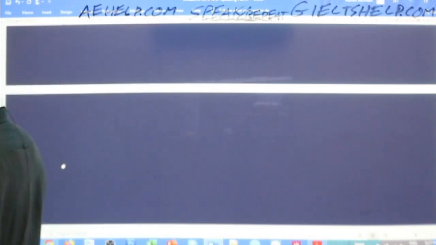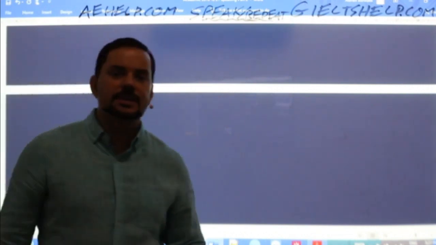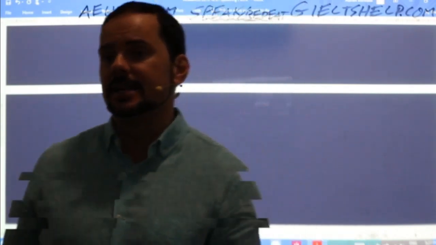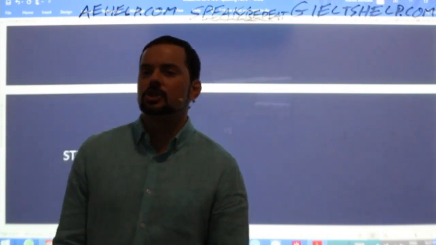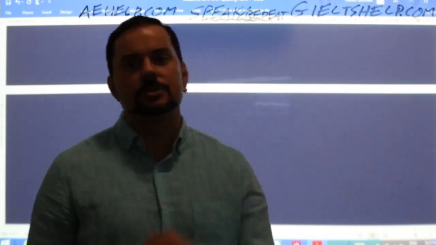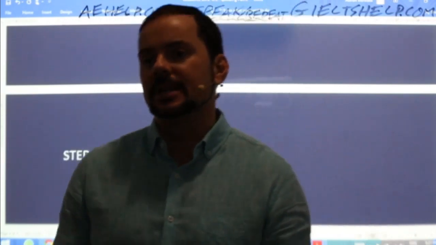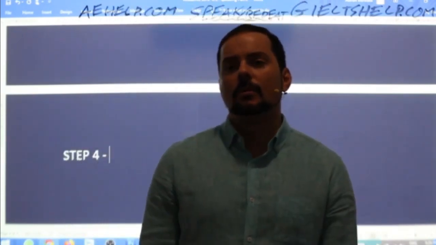So what's my next step? I'm on to what? Step 4 now? And this is a very important step. Make sure to do this step. It could save you a full half a band score in your speaking section. Okay? What should I do? And I have to do this before the examiner says, okay, your 1 minute is up.